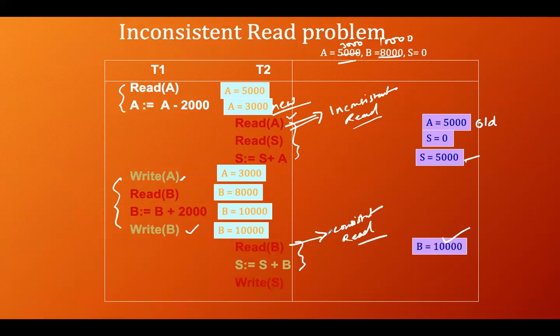Getting it? So I think you got the point: what is an inconsistent read and what is a consistent read? Inconsistent read means that if a transaction which executed earlier is doing a modification, then the other transaction should get the modified data. But here it is not getting the modified data. That is the problem. This is called the inconsistent read problem.